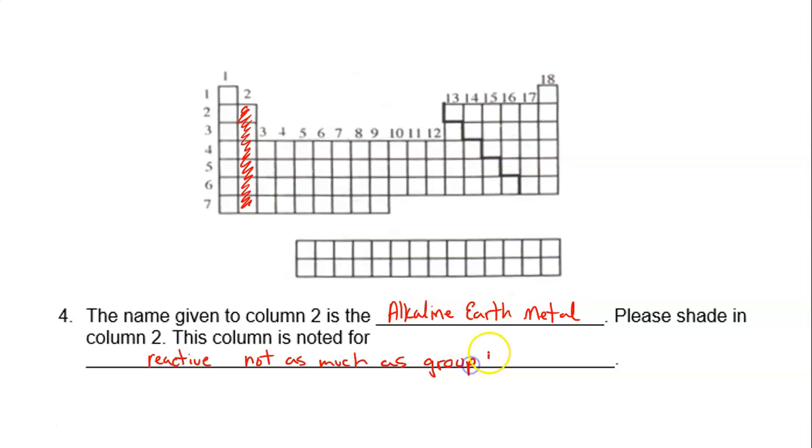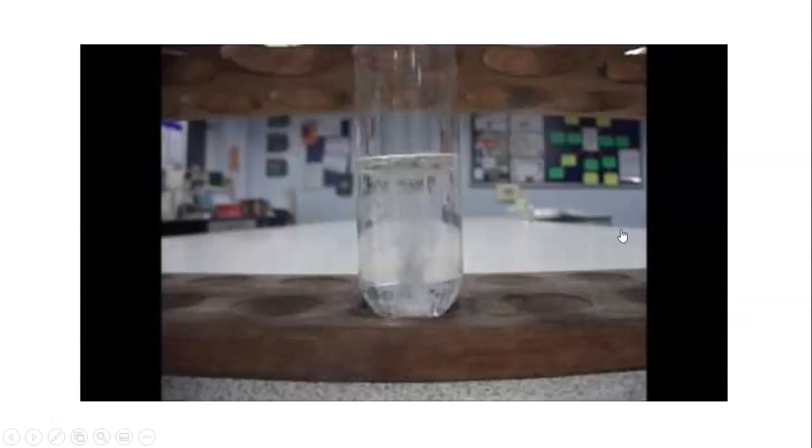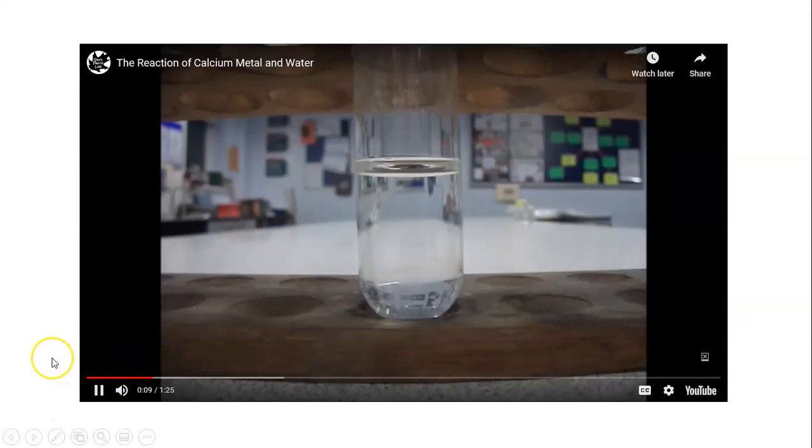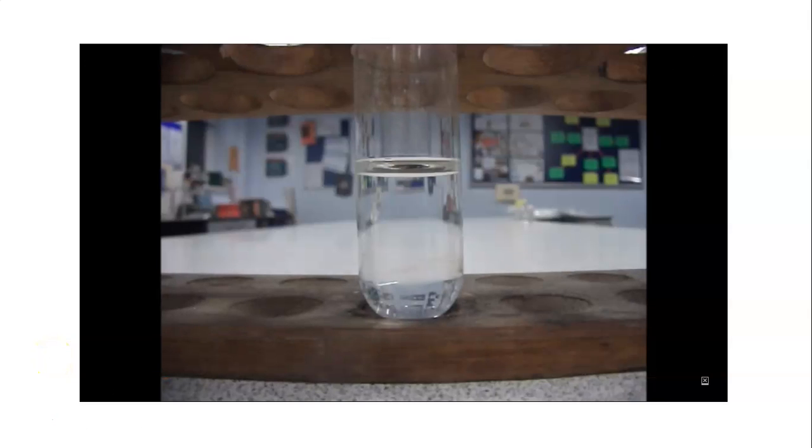Just for an example, calcium. When we place calcium in water, it does not wind up looking very much like that. I'm going to demonstrate the reaction of calcium metal and water.